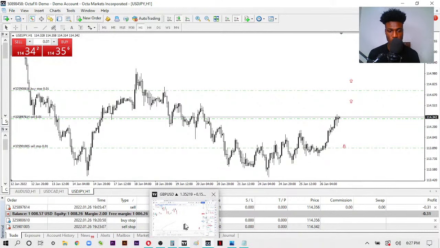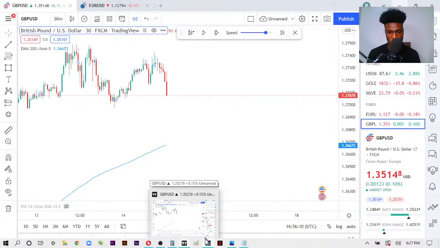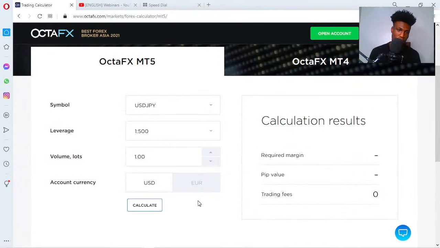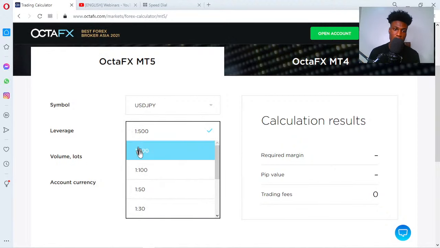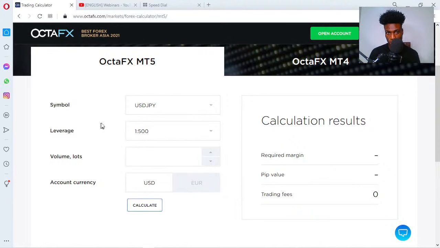So I'm just going to still use the $1,000 account. So let's say I want to place a trade on USD JPY, right? Still using the $1,000 account. My leverage is 1 to 500, right? If you're using a lesser leverage, you can go ahead and select the one you use.